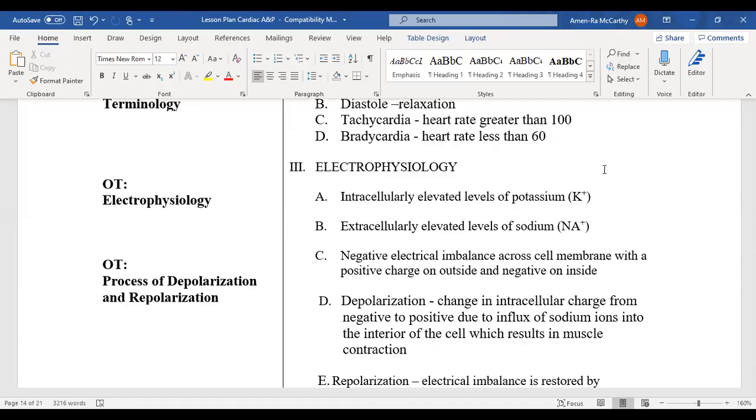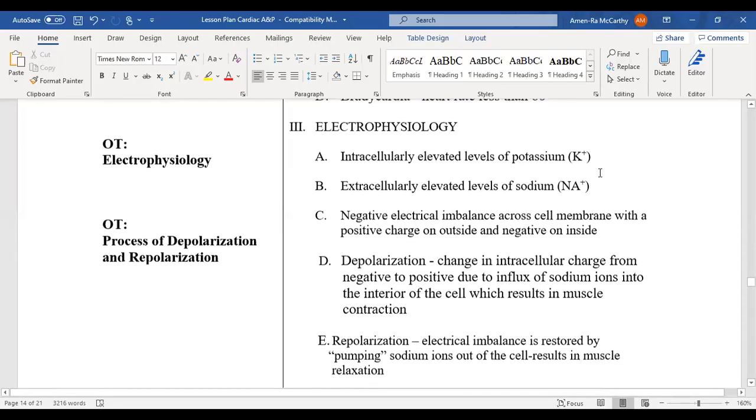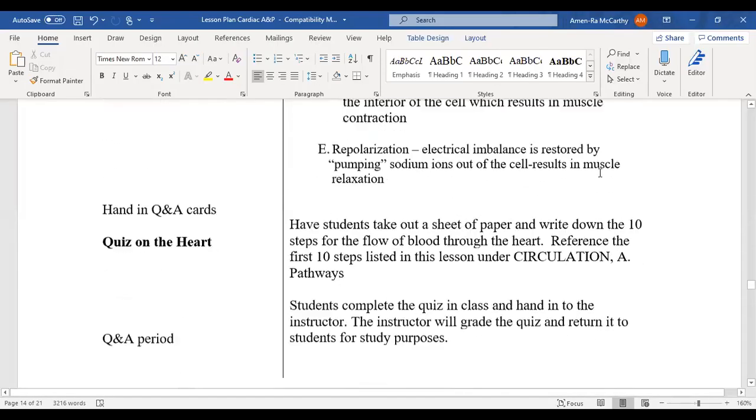When that depolarization happens, the cell squeezes and pumps the sodium back out of the cell. Once the sodium is back outside of the cell, it can now relax or repolarize. That's what happens. Bottom line.